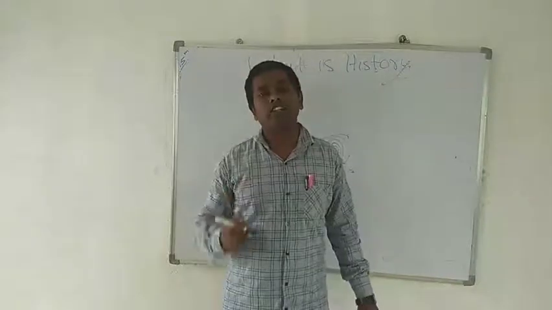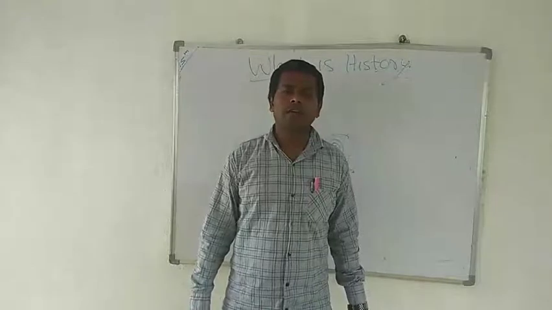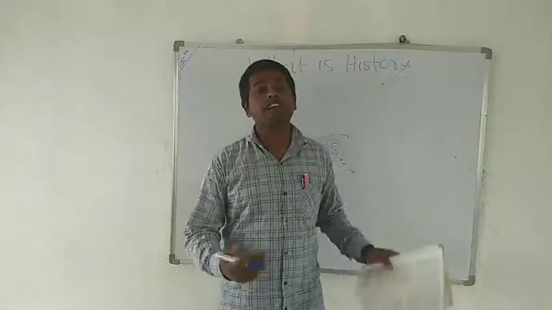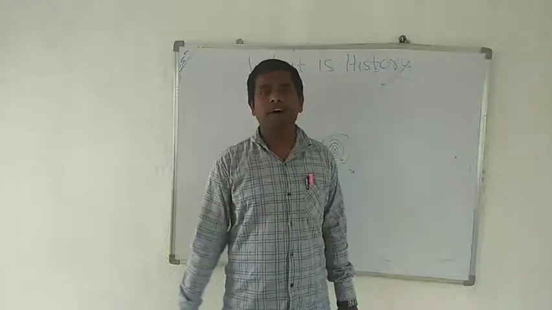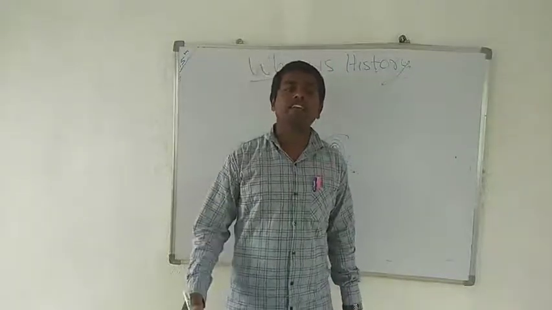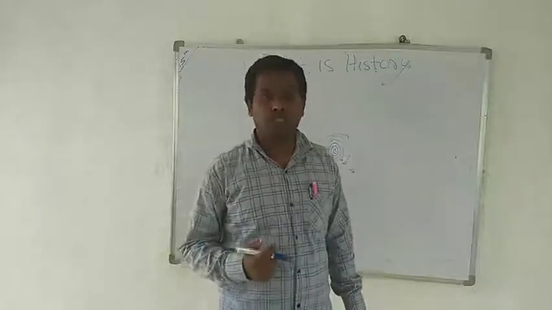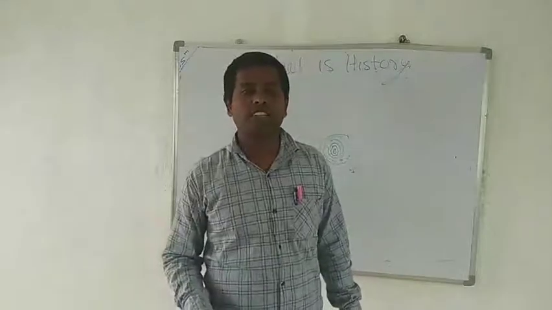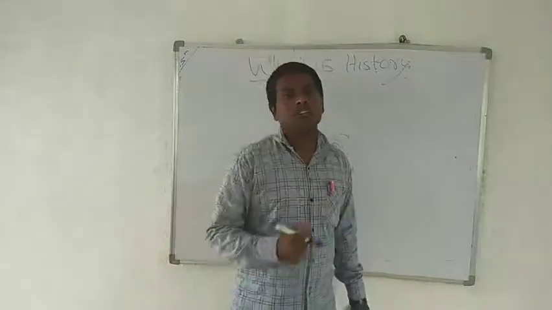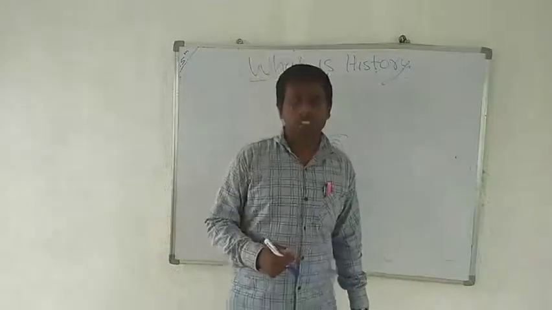Suppose I am a writer of history. What do I want to write in history? We want to find events which have happened in the past. We can study Subhash Chandra Bose, Mahatma Gandhi, Lal Bahadur Shastri, Dr. B.R. Ambedkar, and other persons.